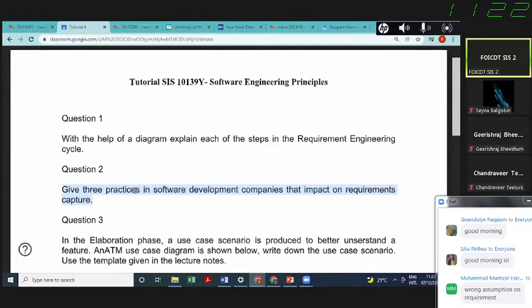So yes, this is good. If you are setting too tight deadlines, over optimistic deadlines in terms of budget, time, and staff, in some way you're discouraging a person from documenting or recording the requirements correctly. This is applicable for documentation as well.